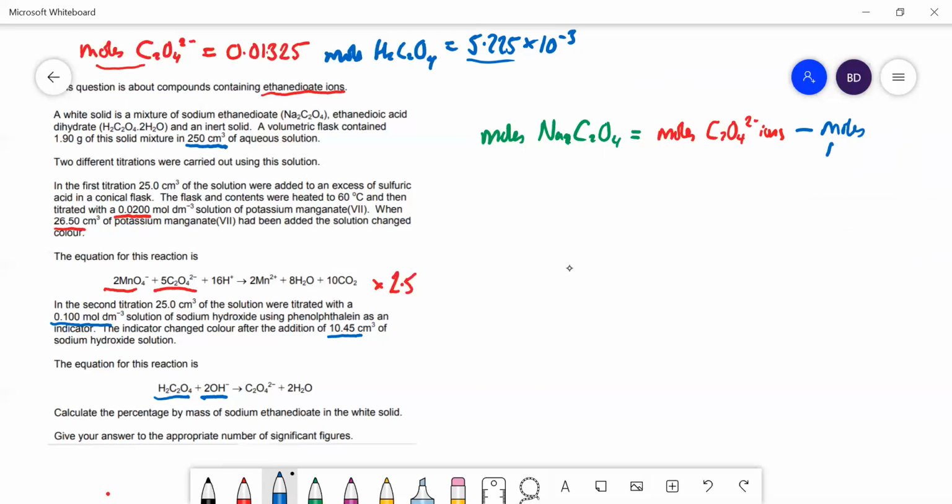Sorry, the acid, not the salt, H2C2O4. So that is equal to 0.01325 minus the moles of the acid, 5.225 times 10 to the minus 3. That is equal to 8.025 times 10 to the minus 3.